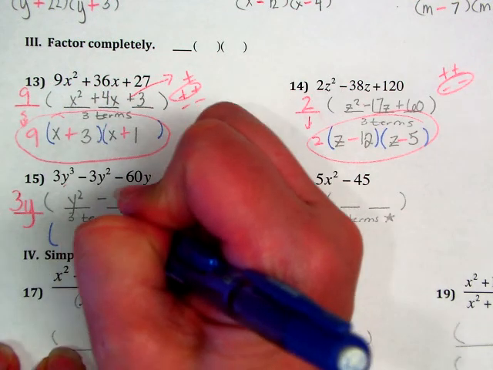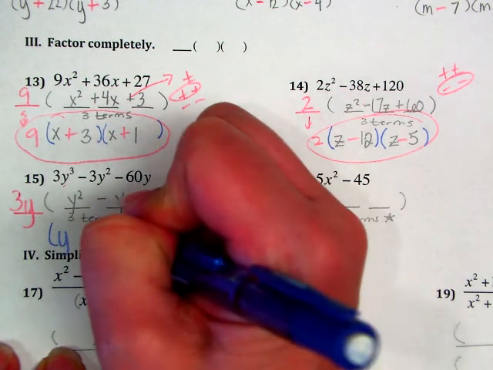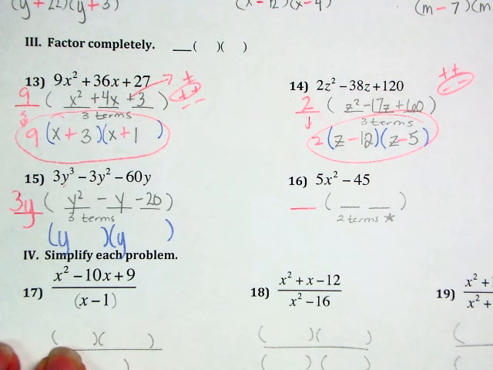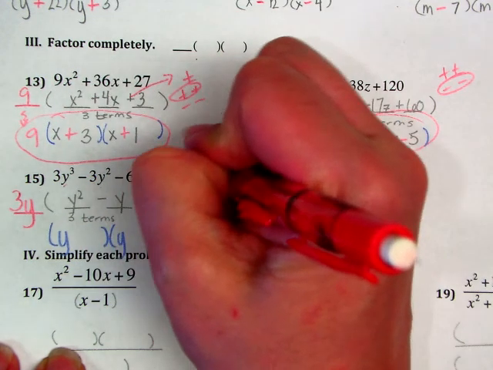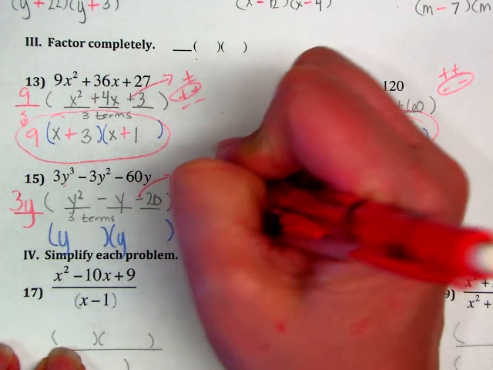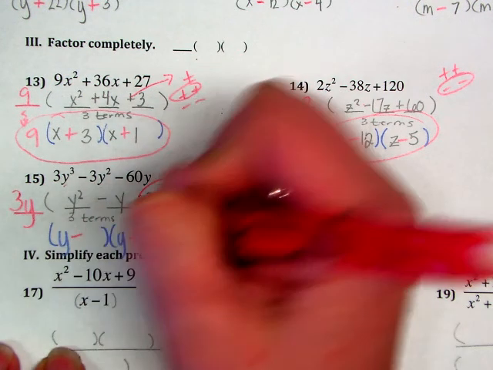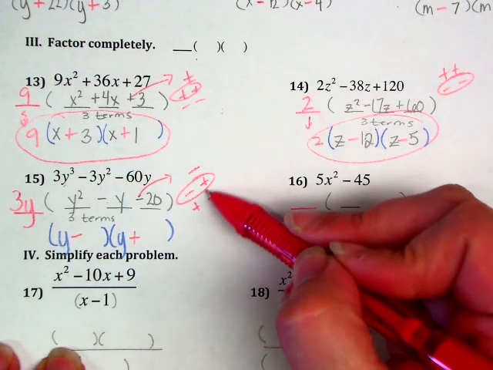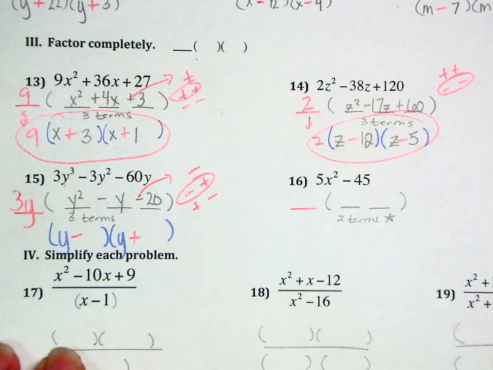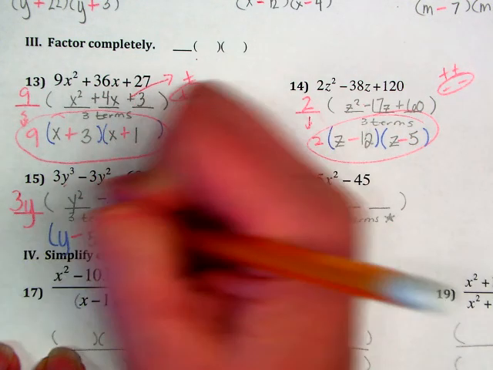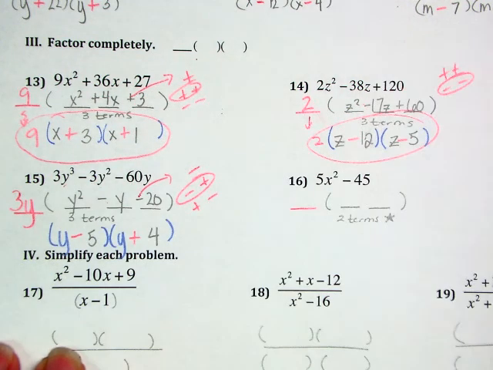This will continue to factor into y and y. In order to have a negative in the end, I need opposite signs. I'm going to choose negative positive to match the middle sign. Negative, and then positive. 5 and 4, bring down the 3y.